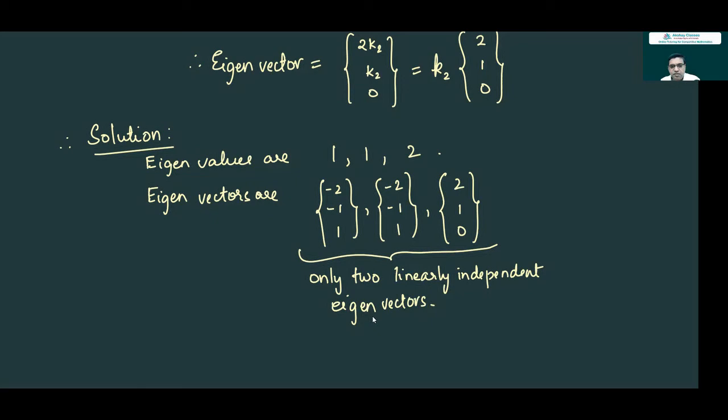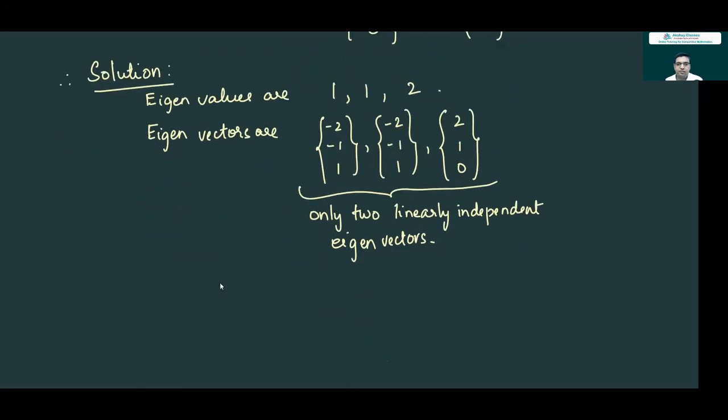Okay, now let us do some check. Let us find determinant of A. So A is 1, 2, 2; 0, 2, 1; minus 1, 2, 1.